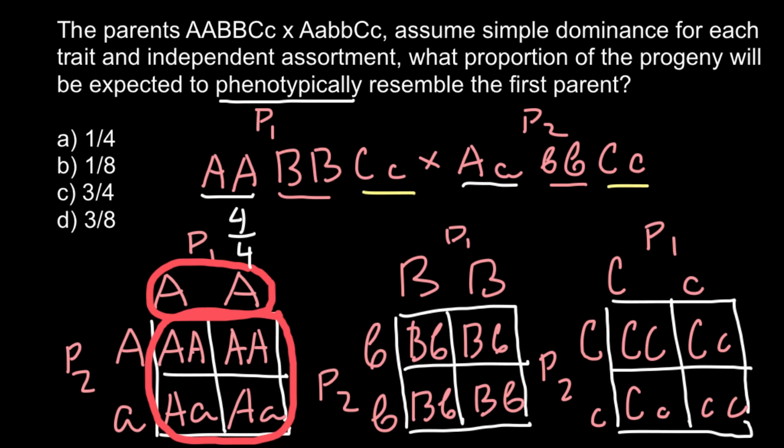So let's check the second trait. Parent 1 is homozygous dominant. And as you see, once again, 100% of the progeny would have the same phenotype as parent 1. They would be heterozygous for this trait, but the phenotype would be the same. So once again, this gives us 4 out of 4.